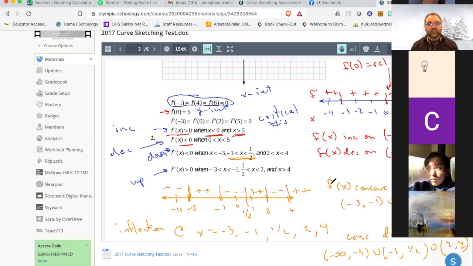All right. One last thing. Because of the way all this stuff worked out, I don't think we have any asymptotes. We weren't given any information about asymptotes. And so I'm going to just make the judgment that there are no asymptotes here.